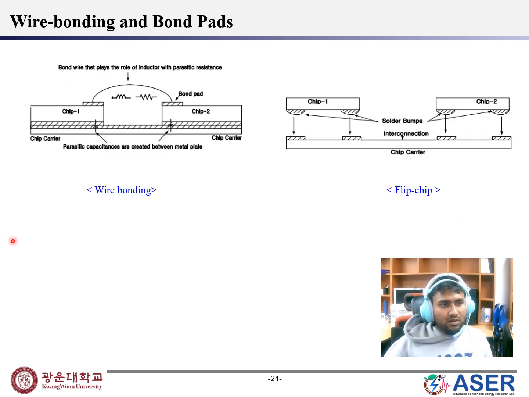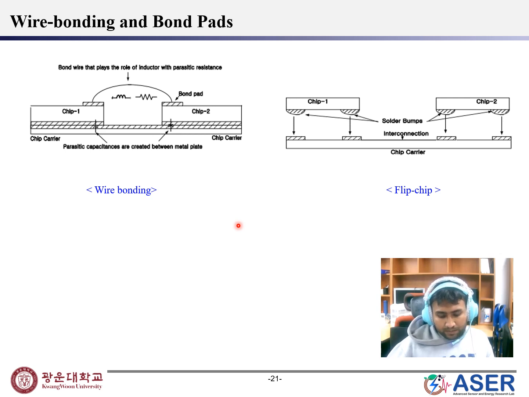Last of all, we also discuss wire bonding and bond pads. Here we discuss wire bonding and flip chip. Mainly interconnection: in the case of IC, interconnection is necessary between the MMICs and is accomplished by wire bonding. Bond pads are also provided to allow wire bonding for electrical connection.